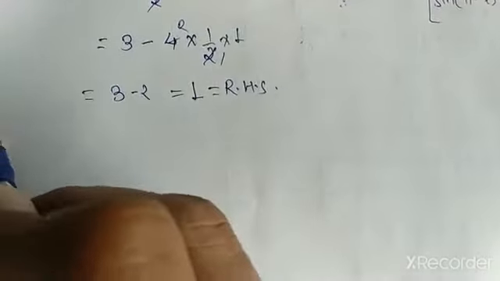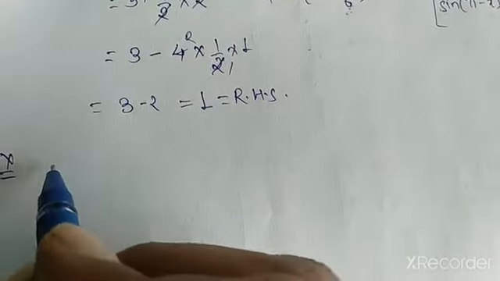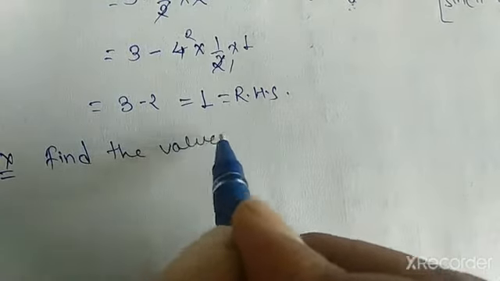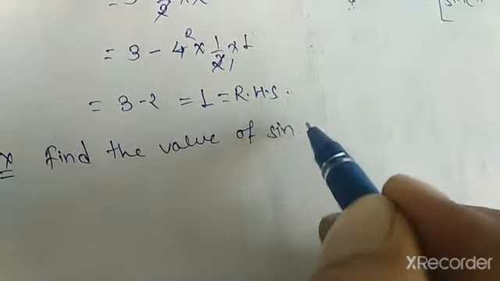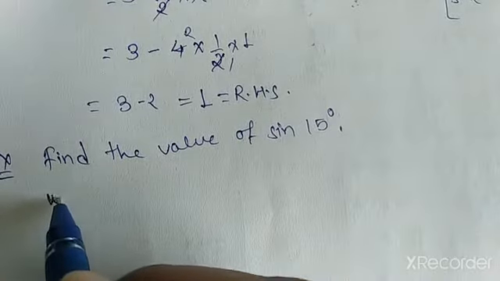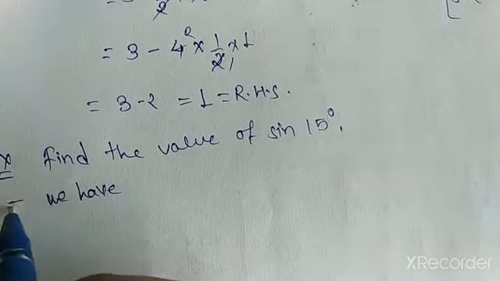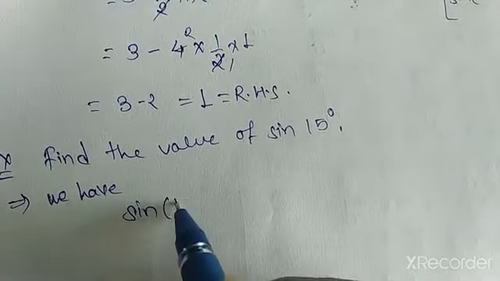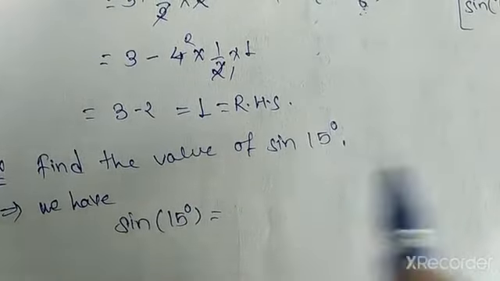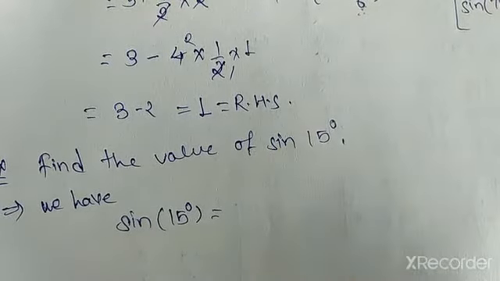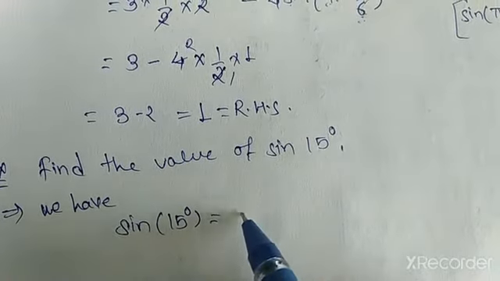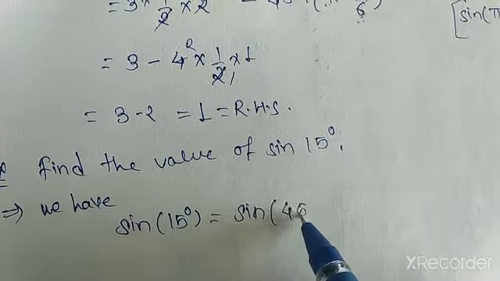Next example is: find the value of sine 15 degree. Sine 15 degree is equal to, we know the values of sine 45 and sine 30, so we have to write it in the form of sine of 45 degree minus 30 degree.